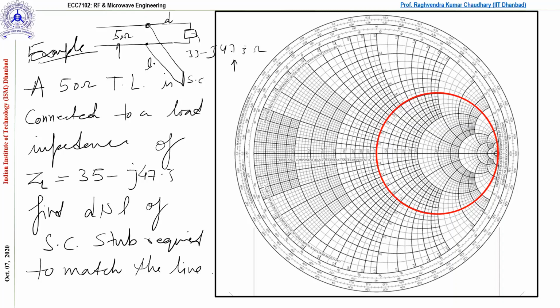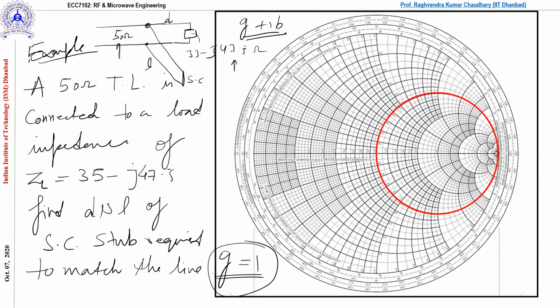This is one set of the solution. Now if you compare with G plus jB, you will see that G is always 1 here. G plus jB is for the admittance case; for the impedance case it is R plus jX. So it means that we first need to identify the G equal to 1 circle.